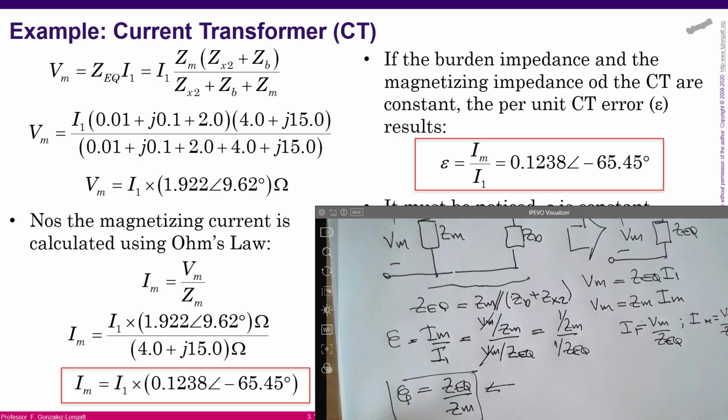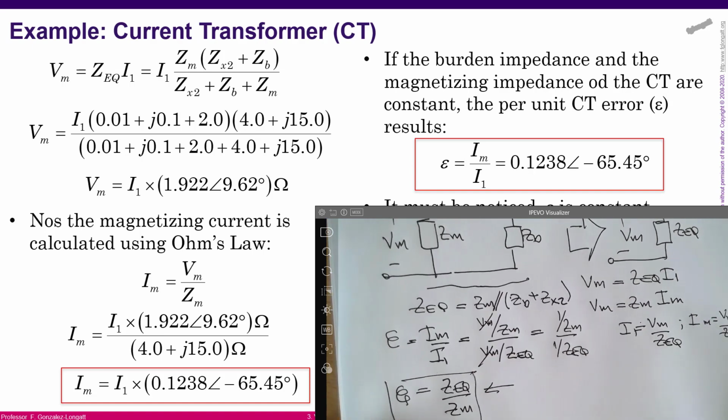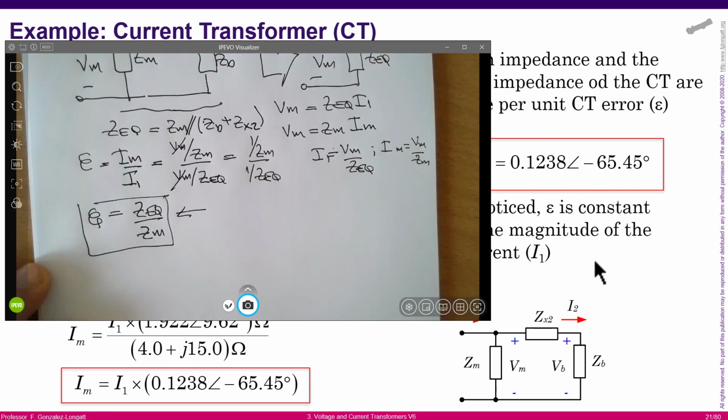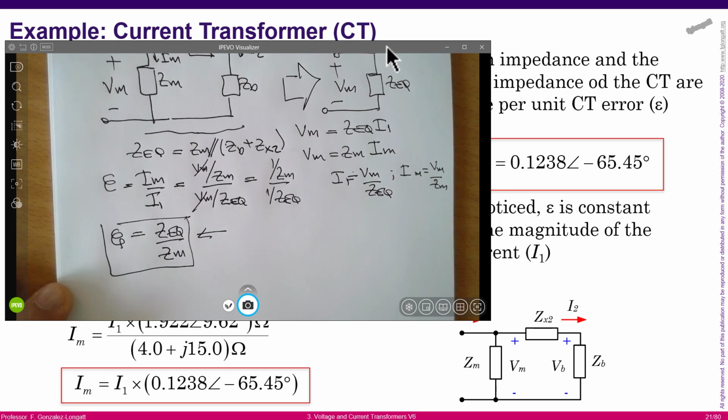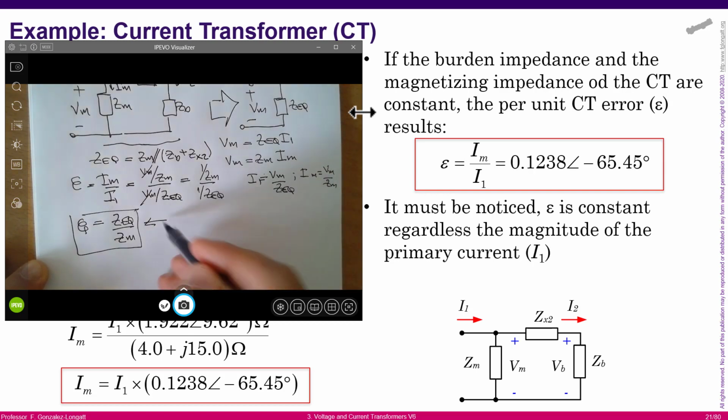Okay, this was what I was trying to explain with few words. I say in my slides that you must notice that the per unit CT error is independent of the primary current, and that is totally true, because if you look at the equation alpha, you realize that the per unit CT error depends only on the equivalent impedance.